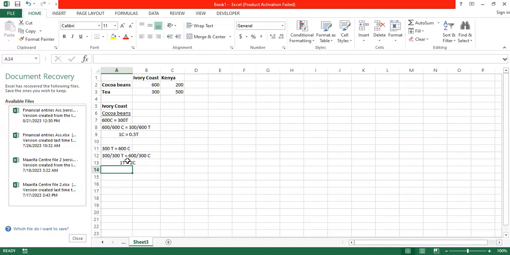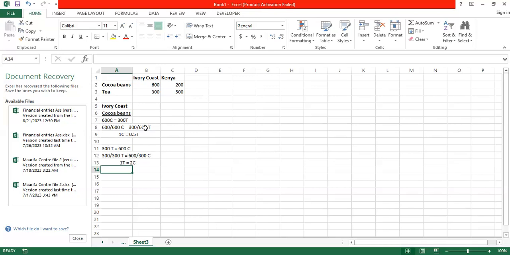So far, based on this, we can see which one is expensive here. It seems producing T is expensive because we lose 2 of C, while producing cocoa beans is quite cheap because we only lose 0.5.